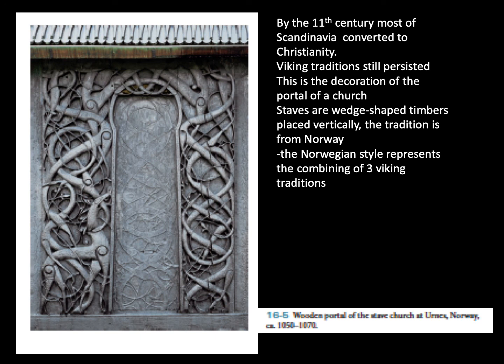This door is the decoration to a church. You can see at the top, the roof was made of wooden timbers. They're called staves. This is a Norwegian style motif, and it represents the combining of three different Viking traditions.